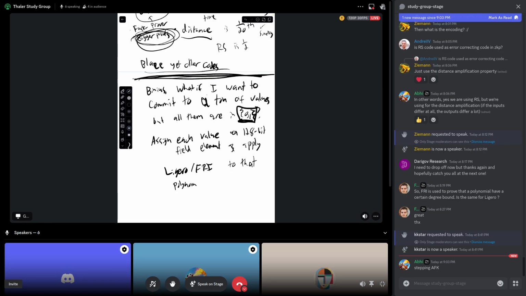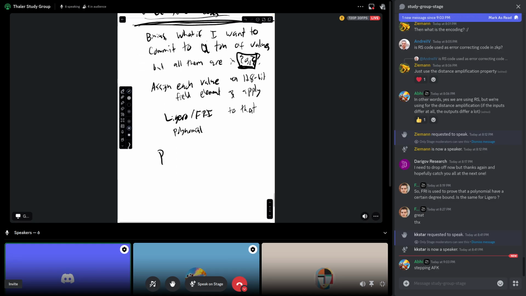polynomial. That is, if the polynomial I want to commit to is, I'll stick with univariate here, the sum from i equals 0 to n minus 1 of c_i times x to the i, and even if all of these c_i were just zeros or ones, the old way of doing things would have been to treat P, this polynomial, as a polynomial over your 128-bit field, whatever field you're using, and go from there.